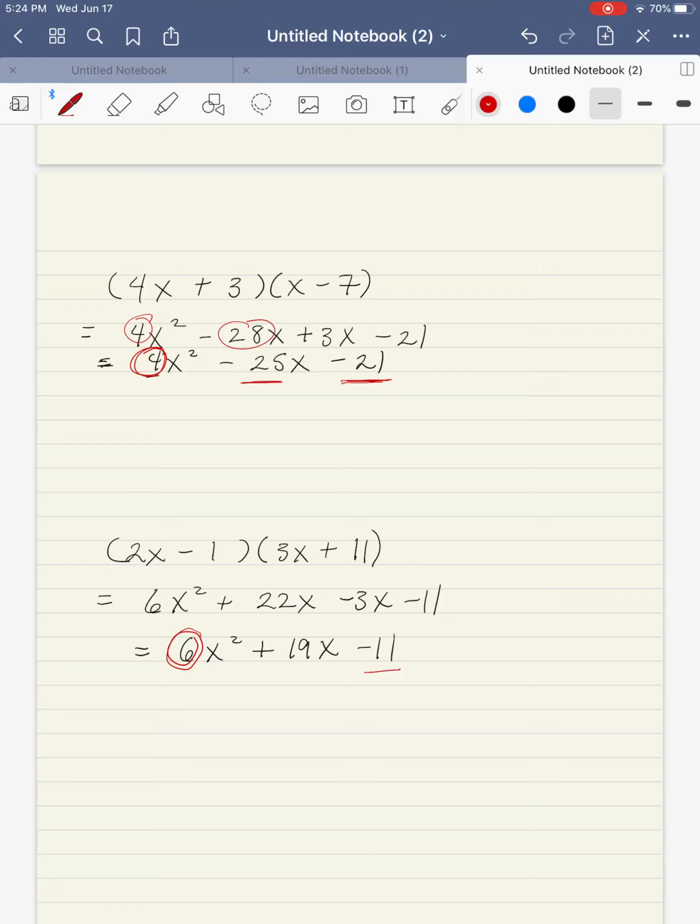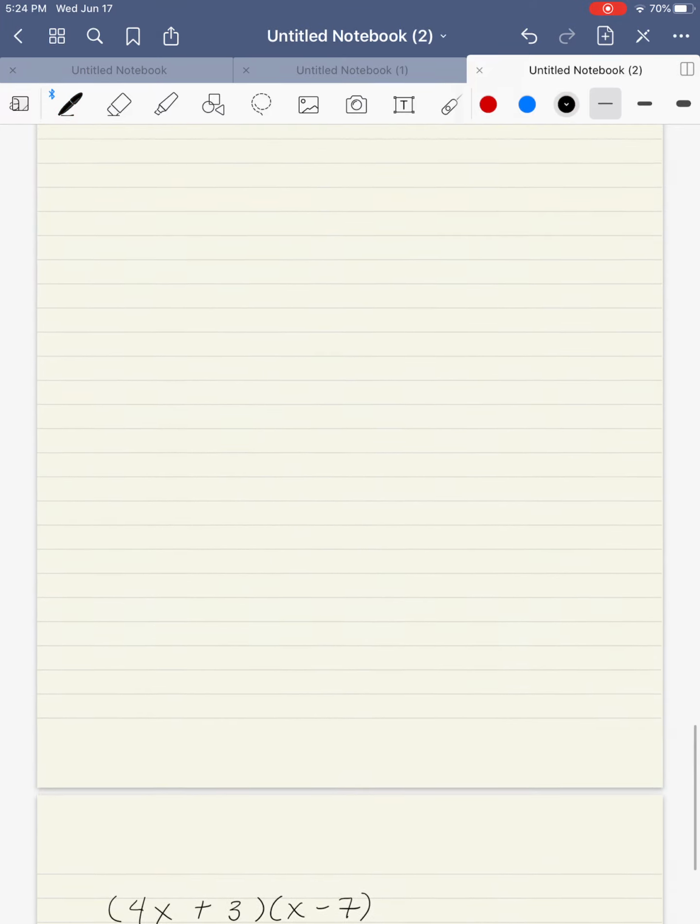We cannot factor it back by saying what two numbers multiply to give this and add to give this, because this 6 affects those terms. So we're going to have to use a different process because of the 6 here and the 4 here.